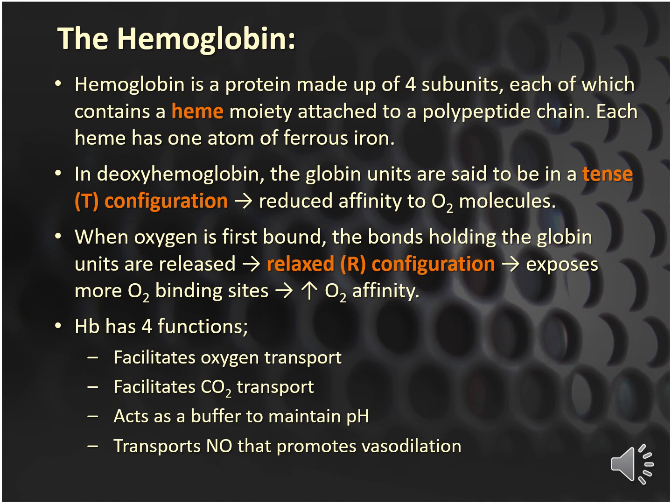I think you should know that hemoglobin is negatively charged, and therefore it can attract hydrogen ions, and this will buffer the extra acidity or the extra hydrogen ion formation in the body. It's one of the most important intracellular buffers in the vascular system. The fourth function of hemoglobin is to transport nitric oxide that promotes vasodilation.